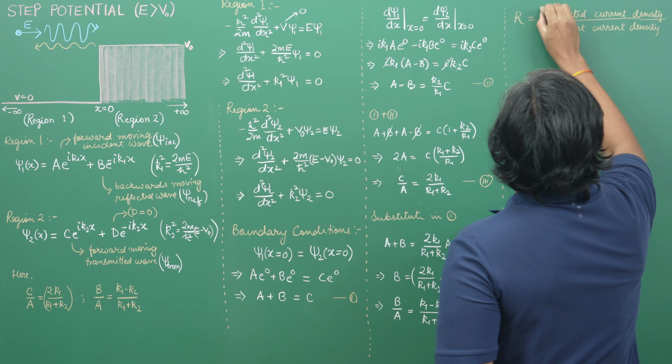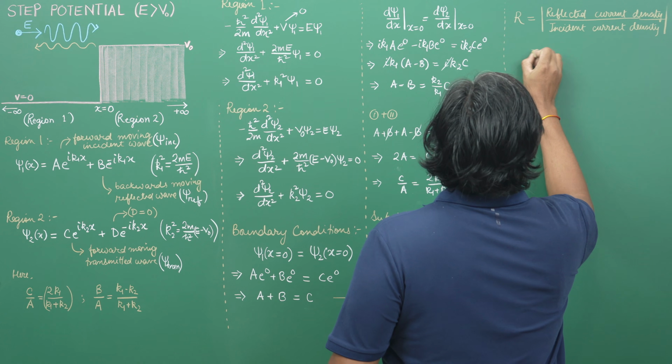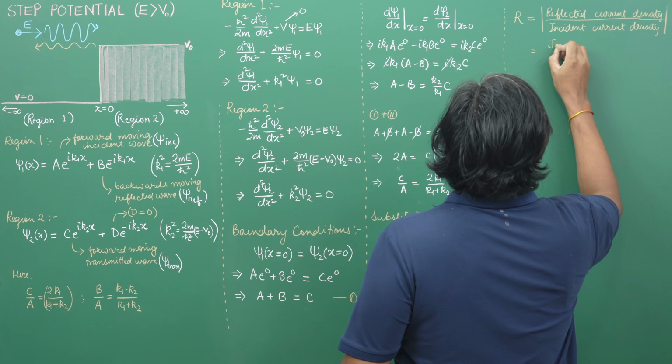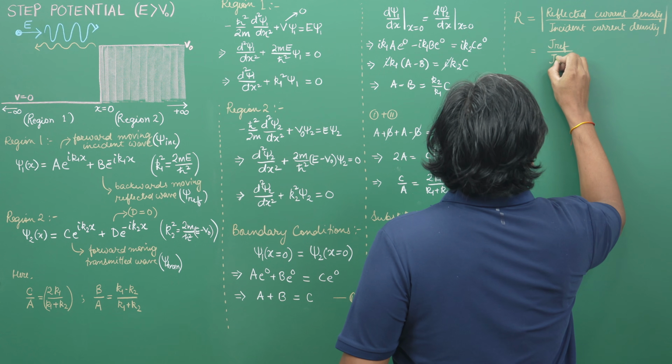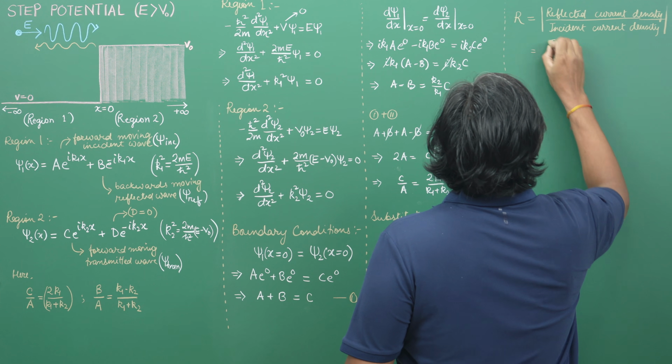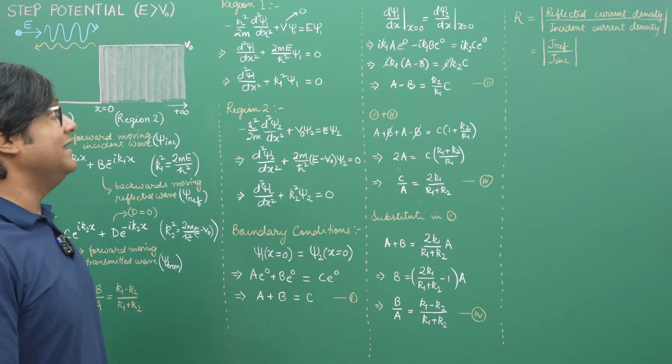So if I know the current density associated with the reflected wave upon the current density associated with the incident wave, that will give us the reflection probability.